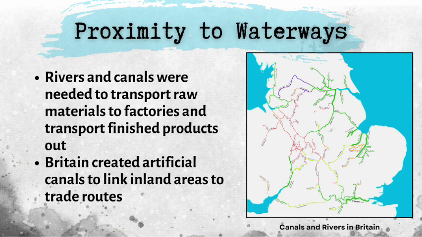Canals, purposefully constructed to link previously unconnected regions, bridged gaps in the natural river network, ensuring that even inland regions had access to trade routes. This extensive and cost-effective transportation system not only reduced the cost of goods, but also fostered interconnected markets, which encouraged specialization and large-scale production. As a result, Britain's waterways became the arteries of the Industrial Revolution, promoting both domestic trade and international commerce.